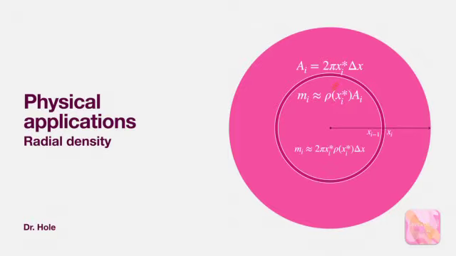Swap out for the formula for a sub i, and here's the expression for the mass of the ith annulus. And now, adding up all those m i's gives you an approximation to the mass of the entire disk. Recognize that we have a Riemann sum, which we can take the limit of as the number of annuli goes to infinity to exactly recover the mass of the disk.